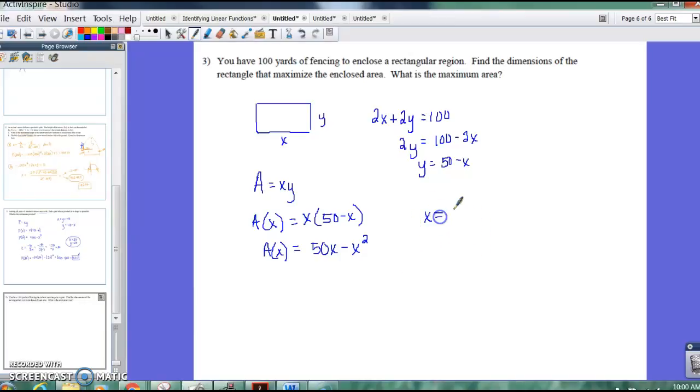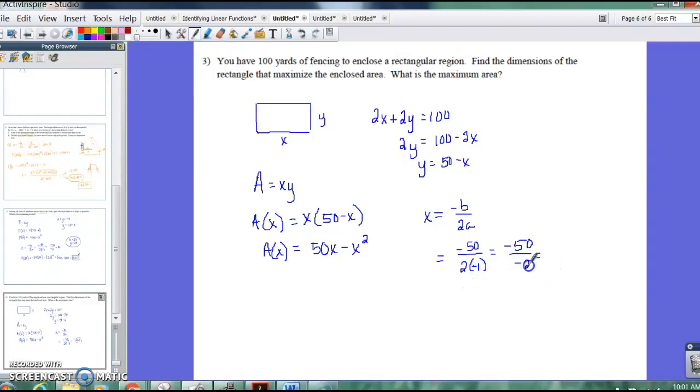So now I can do negative b over 2a, which would give me negative 50 over 2 times negative 2. Oh, sorry folks, that isn't negative 2, it's just negative 1. I'm getting ahead of myself here.